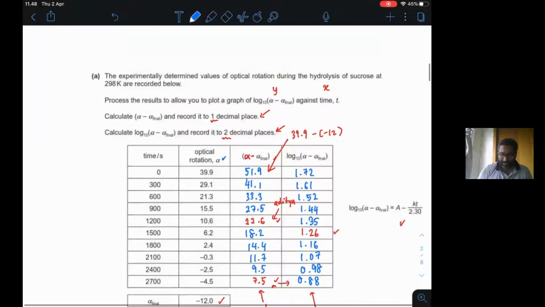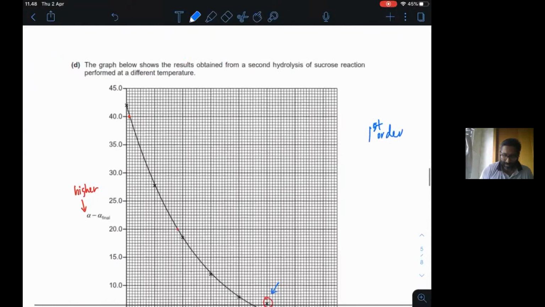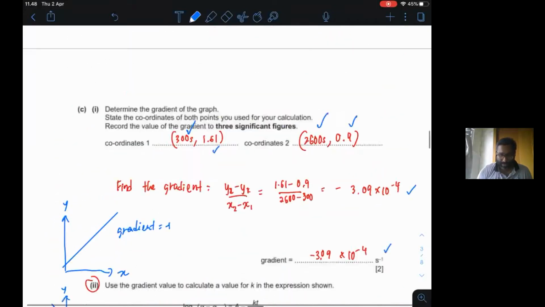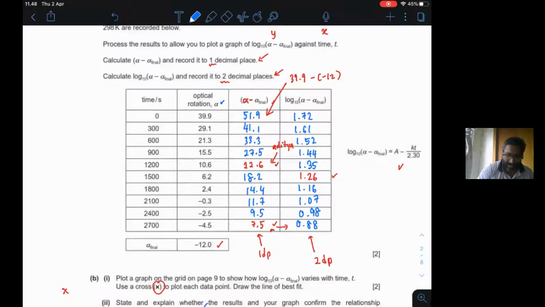If, let's say, my value over here is slightly higher than what I was supposed to obtain, I was supposed to obtain something smaller. So if it is slightly higher, it means I took one of these readings more than what I was supposed to take.